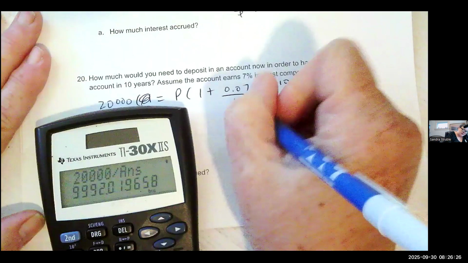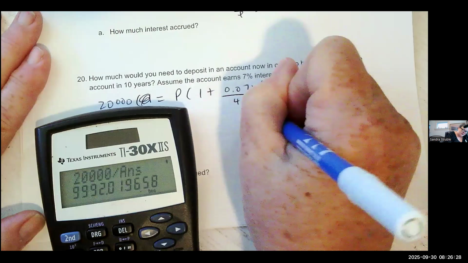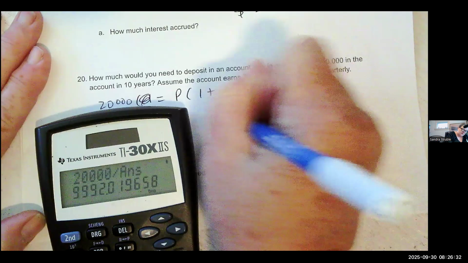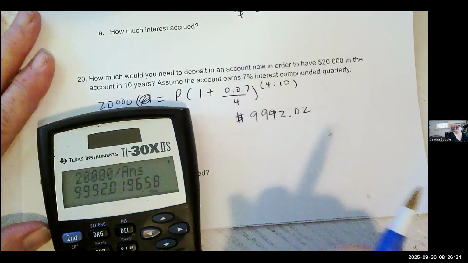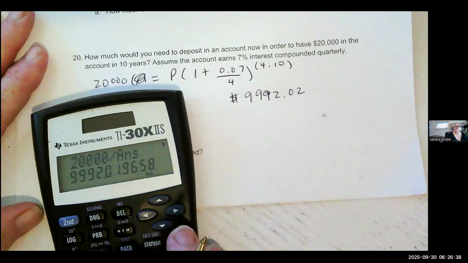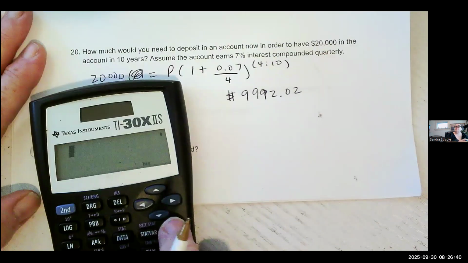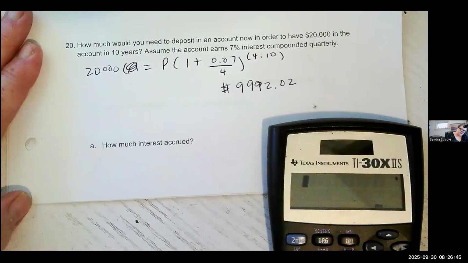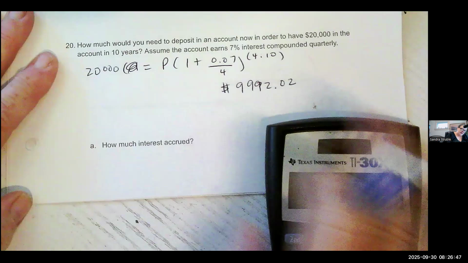So you need to deposit $9,992.02 in order to have 20,000 in 10 years. Money typically doubles every 2 years if you have a good interest rate, which is usually at least a 6.5 to 7. All right, and then interest accrued, you just subtract the 20,000 and the 9,992.